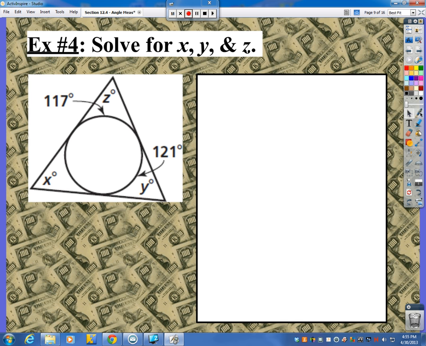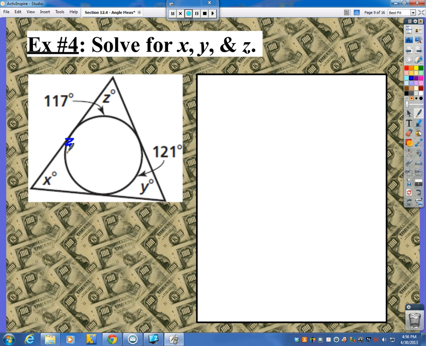And the last example. Now, we have a circle inscribed in a triangle, or a triangle circumscribed about a circle. The 117 is talking about this arc. The 121 is talking about that arc. X, Y, and Z are all talking about the three angles of our triangle. So let's talk about what we could do here.